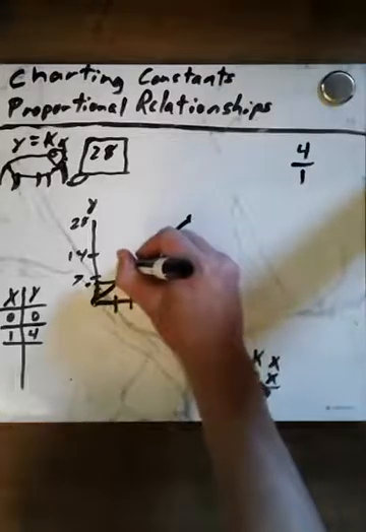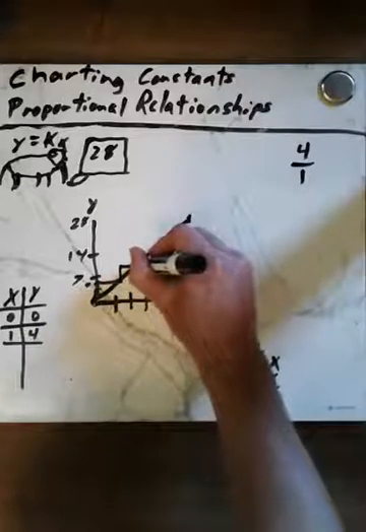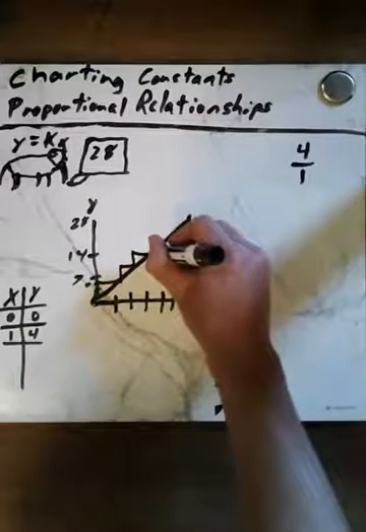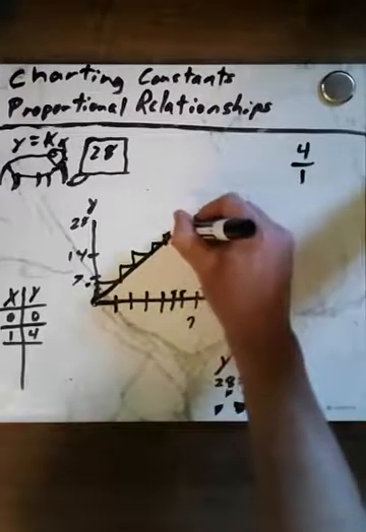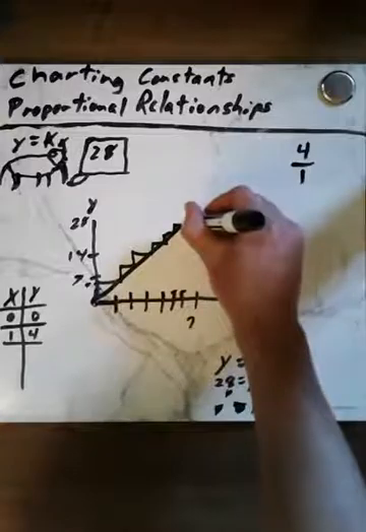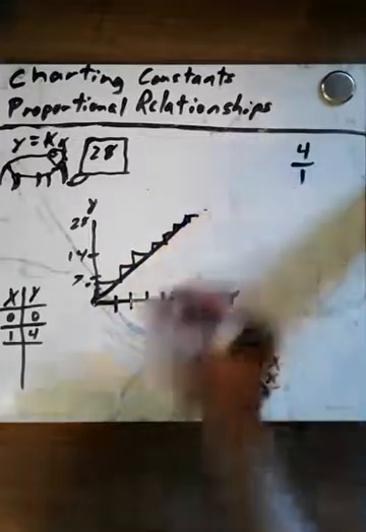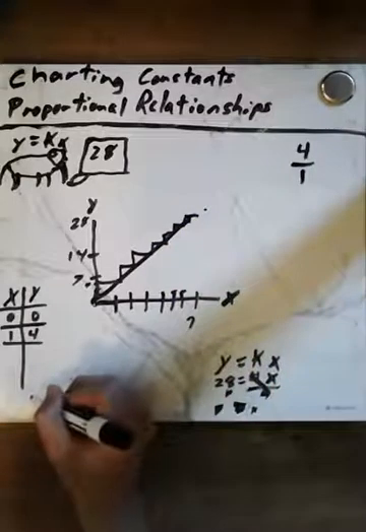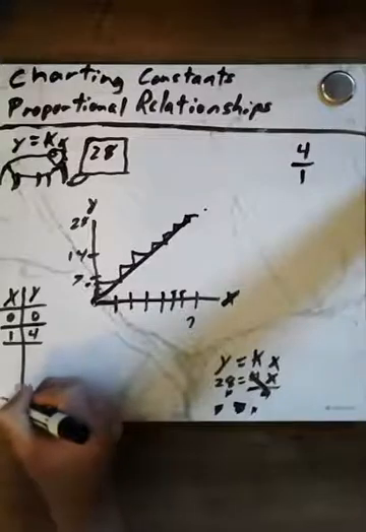So up 4 over 1, up 4 over 1, up 4 over 1, up 4 over 1, up 4 over 1, until we're finally at 28 and 7.